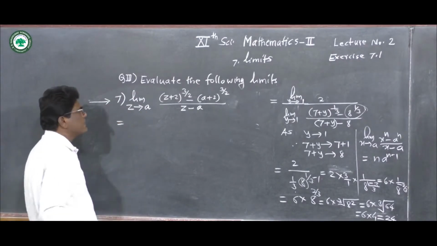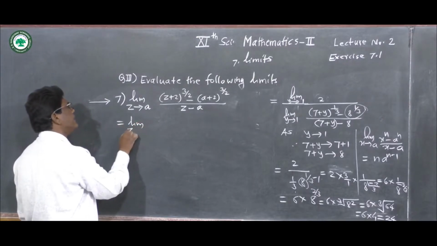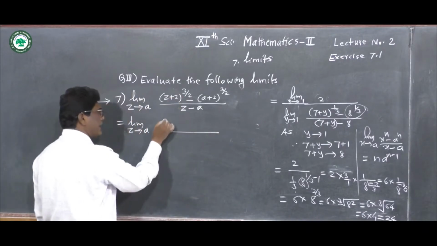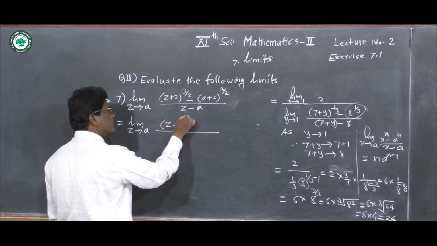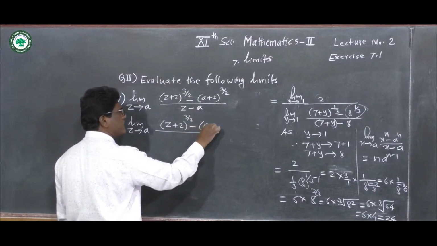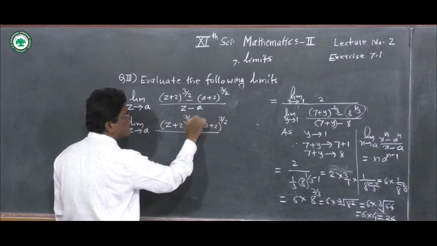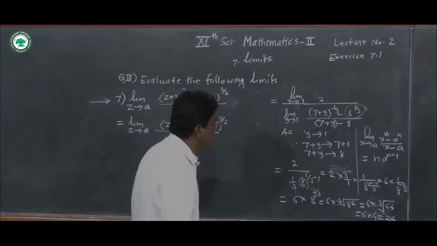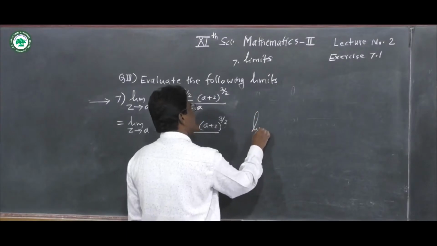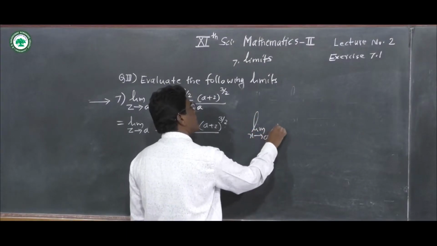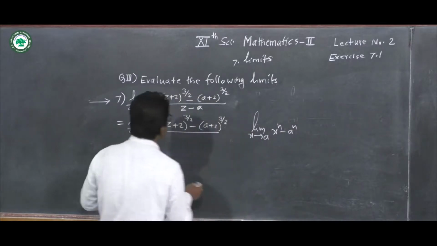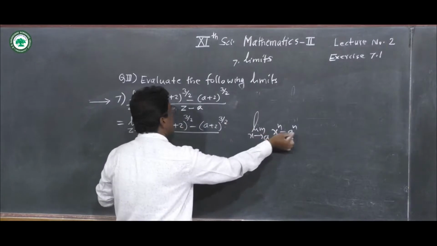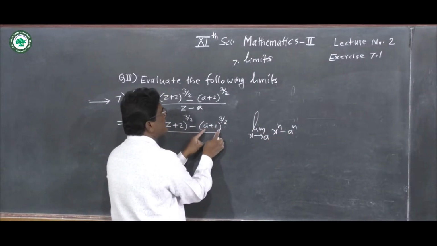Take the equal sign. Limit as z tends to a, we write the numerator as it is, z plus 2 to the power 3 by 2 minus a plus 2 to the power 3 by 2. The powers are the same, and in our standard formula, limit x tends to a of x to the power n minus a to the power n, the powers are the same. Here n is 3 by 2, with x and a being z plus 2 and a plus 2.